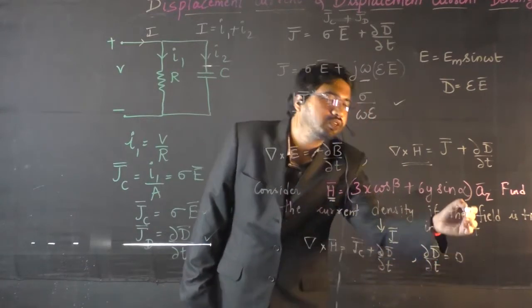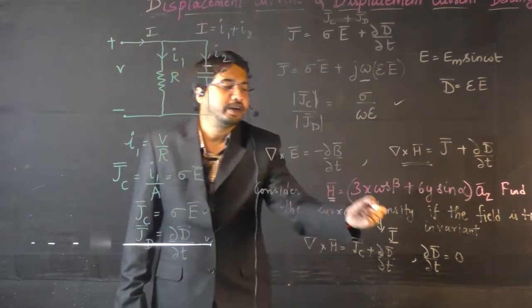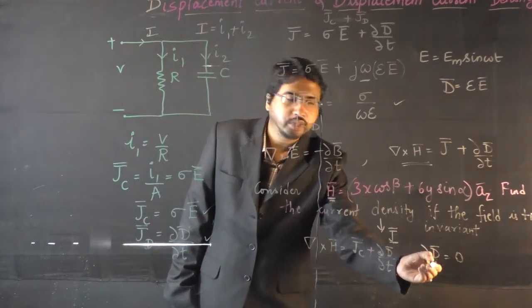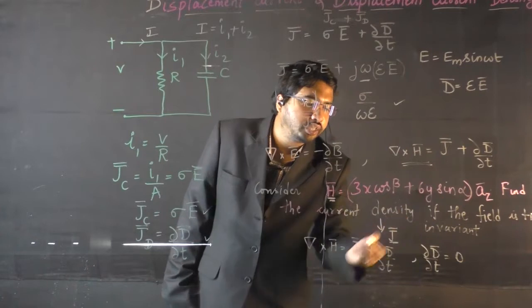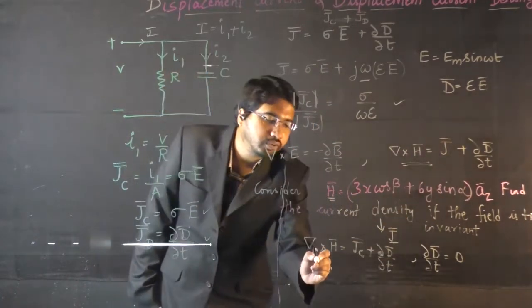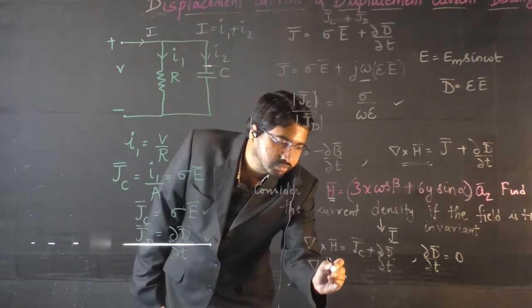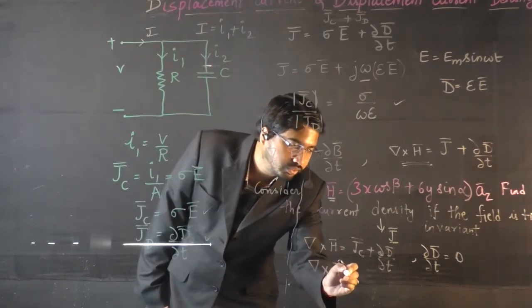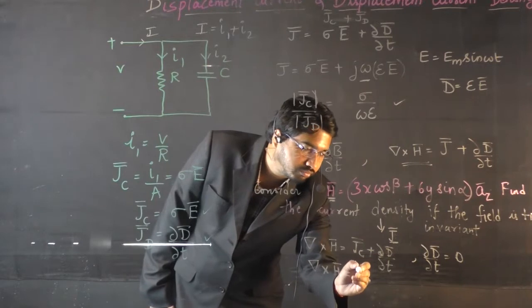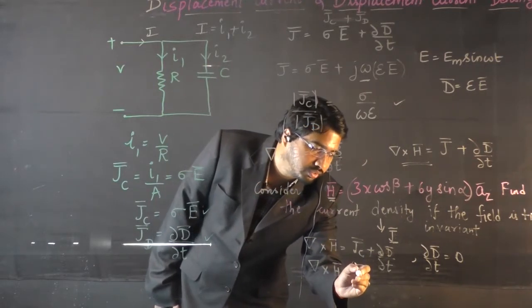Time invariant means your field is constant. What is the derivative of a constant? The derivative of a constant is equal to 0. So what is the final equation that you are left with? Del cross H bar is equal to J bar. Del cross H bar is equal to J bar.